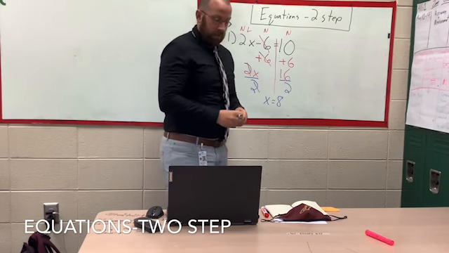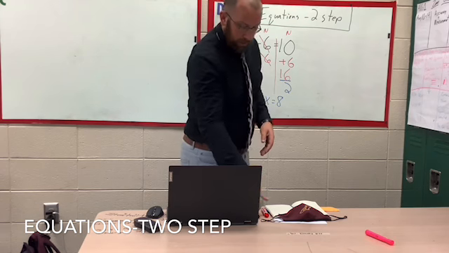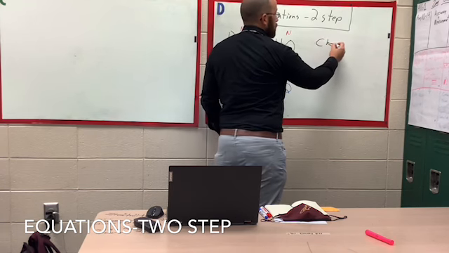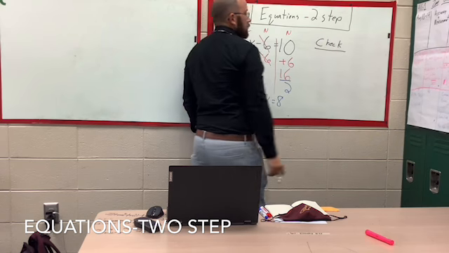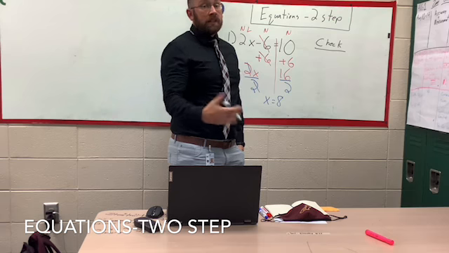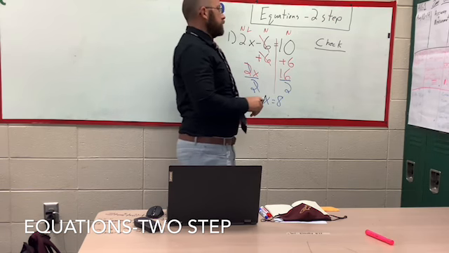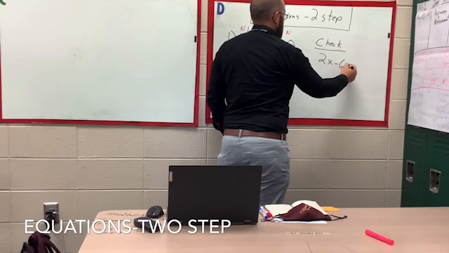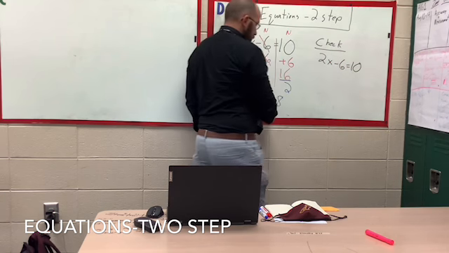Now something that I'm going to show you that you need to learn how to do is a check. This is important for other reasons later on, but to do a check, all you do is take the original equation that you had and plug in what you got at the end.